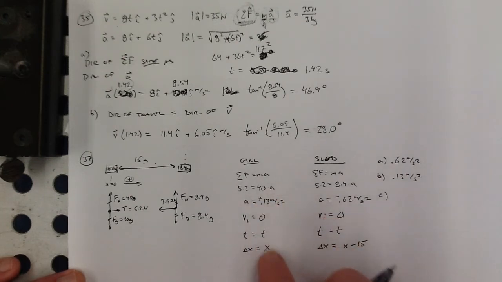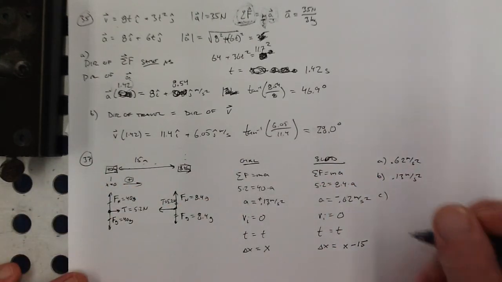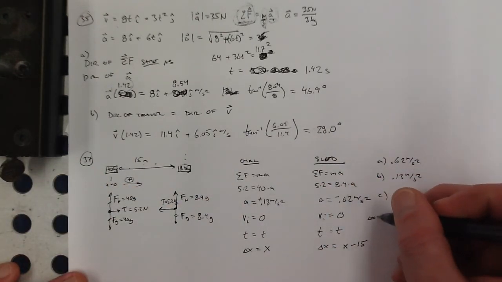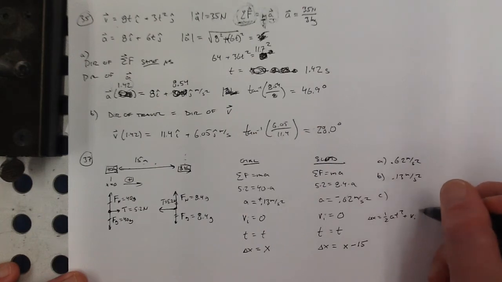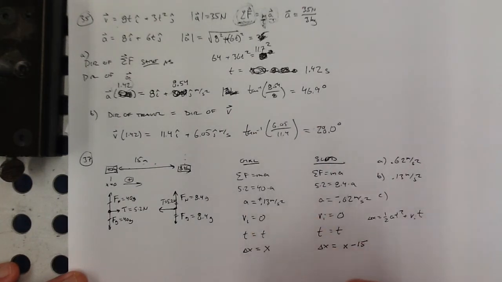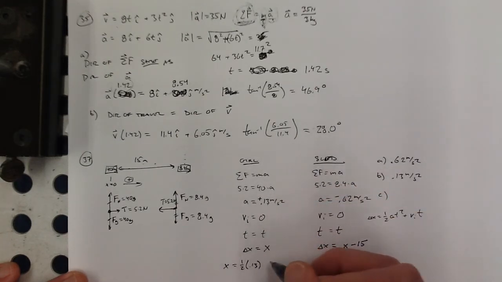Okay, so I should be able to do a little system here. What are the variables that relate these things? This looks like my delta x equals 1/2 a t squared plus v_i t. So here I've got x equals 1/2 times a t squared.